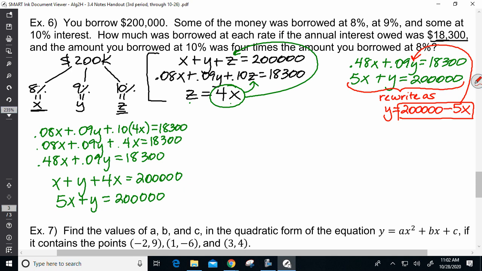If it's going to work, use it. You don't need permission to do elimination. If you feel that it's going to work, use it. So 0.48x plus 0.09 times 200,000 minus 5x equals 18,300.